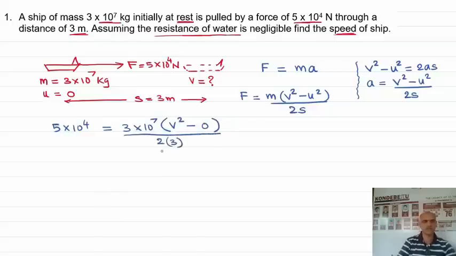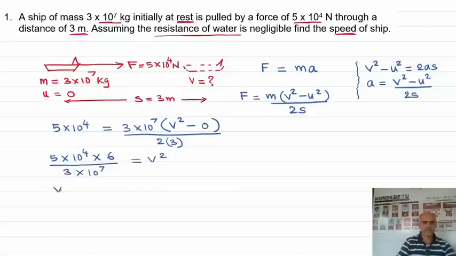Cross multiply: 6 I will take to the numerator, 3 into 10 raised to 7 to the denominator. So I will have 5 into 10 raised to 4 into 6 divided by 3 into 10 raised to 7 is equal to v square.